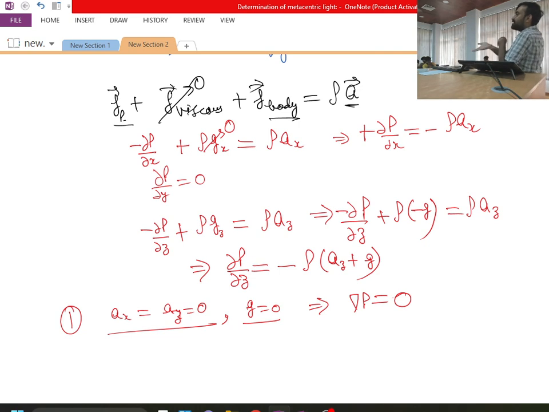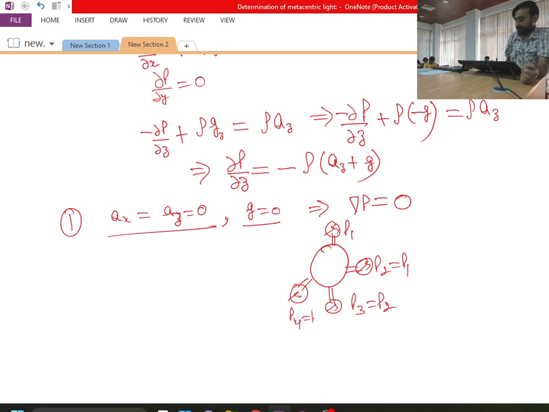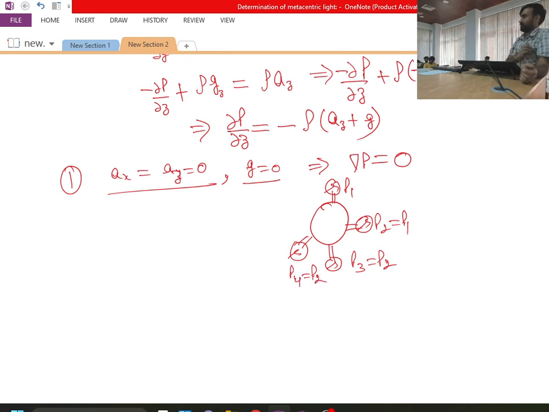But with changes in x, y and z direction, there will not be any change in pressure. So the meaning is, if I have a spherical liquid drop, even if I put a pressure sensor here, here, here, anywhere, everywhere I will have the same value of pressure.